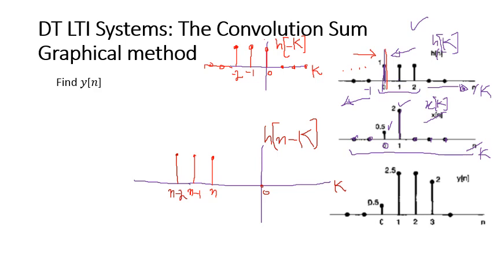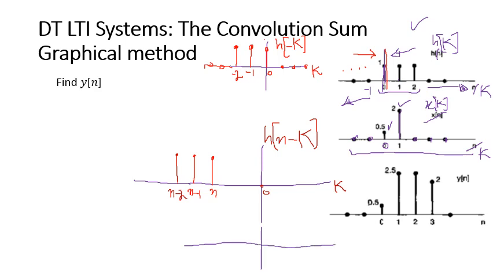Now the next step is that you shift the signal and multiply the corresponding values of the signal. So if I plot the input signal again, for example, let me plot it here so that it is easy for you to understand what is basically happening.